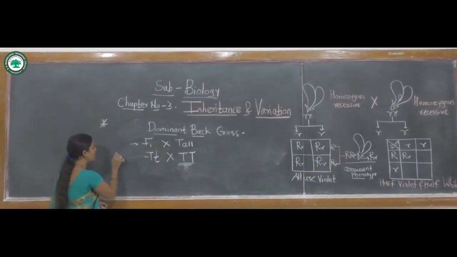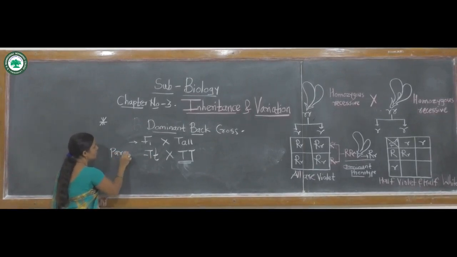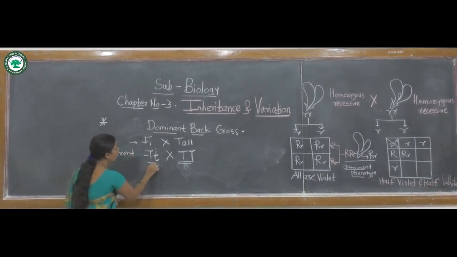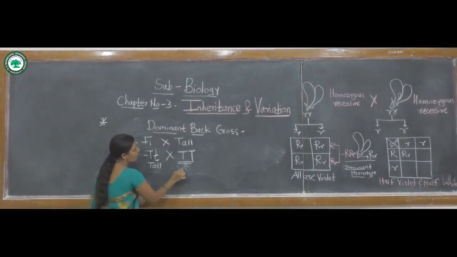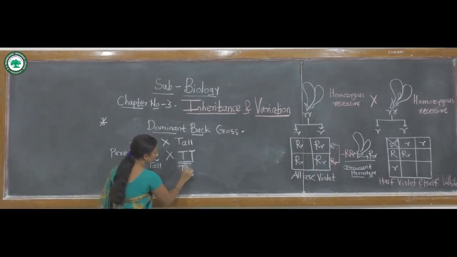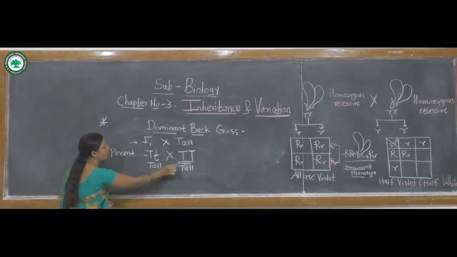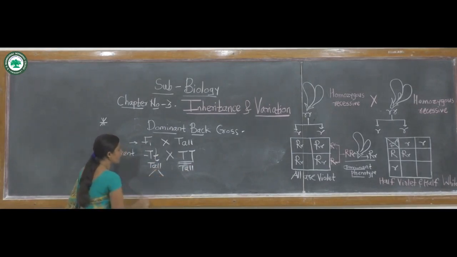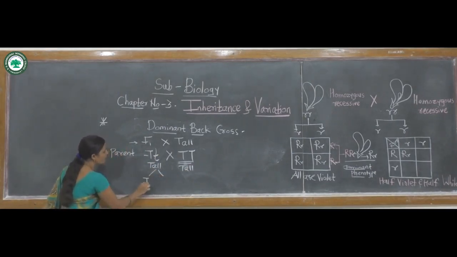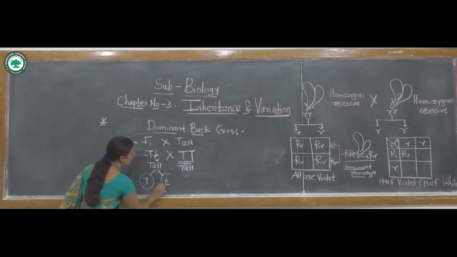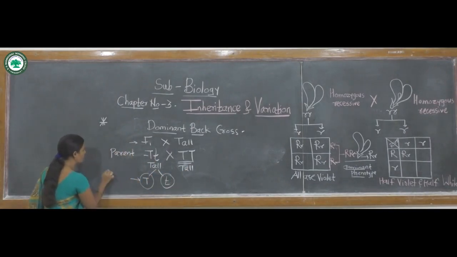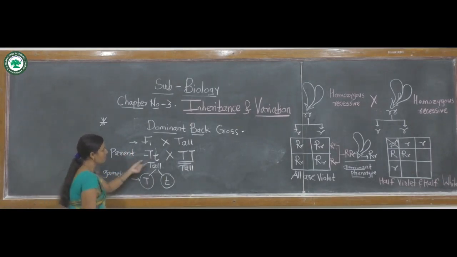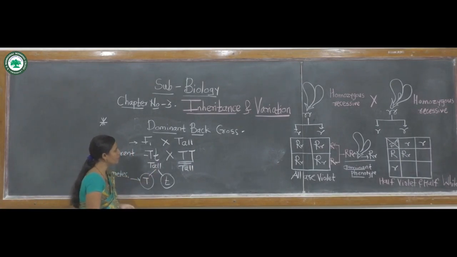And these are the parents: a hybrid tall and a dominant tall. Their gametes are formed: capital T, small t. This is a heterozygous tall, capital T and small t.